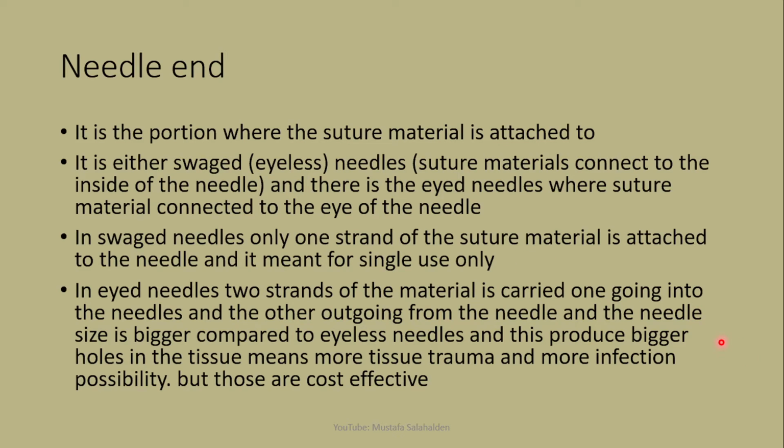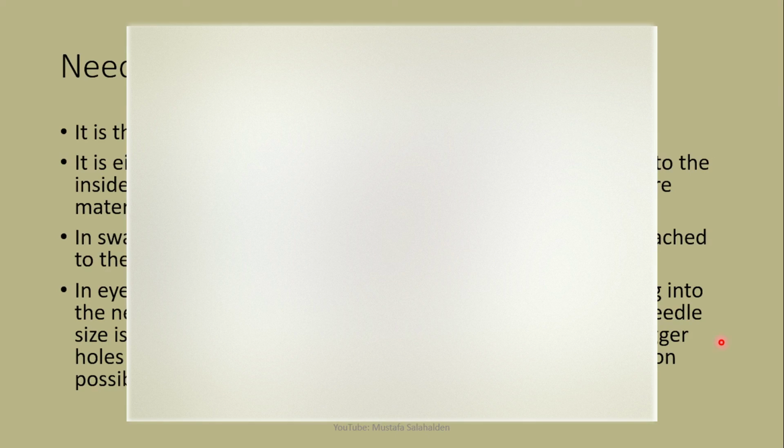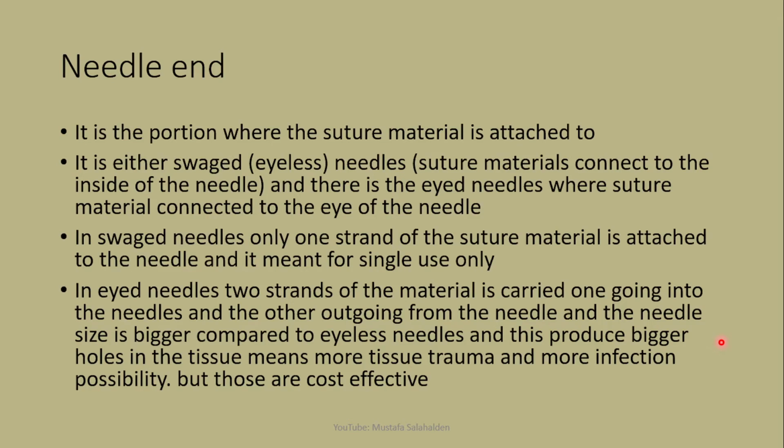While the other type, the eyed needle, where the needle end has a hole that you can connect the suture to. In this needle, there are two strands of the material carried, one going into the needle and the other one outgoing from the eye of the needle.